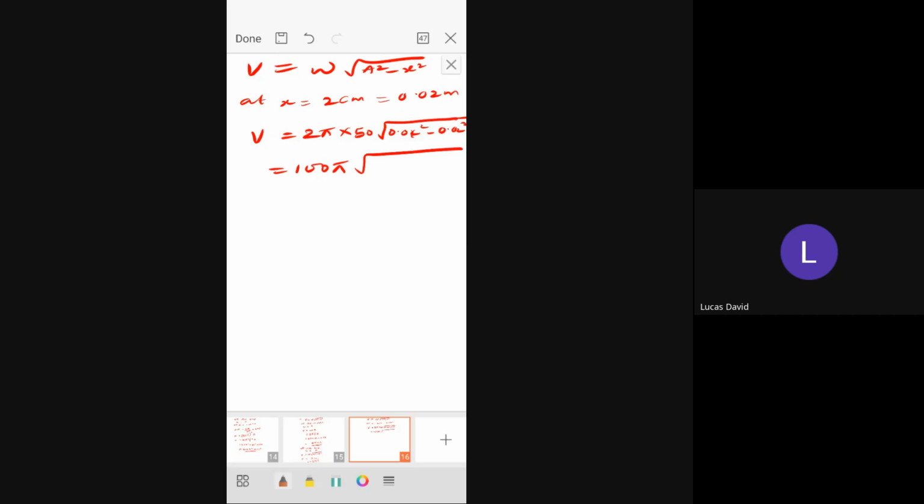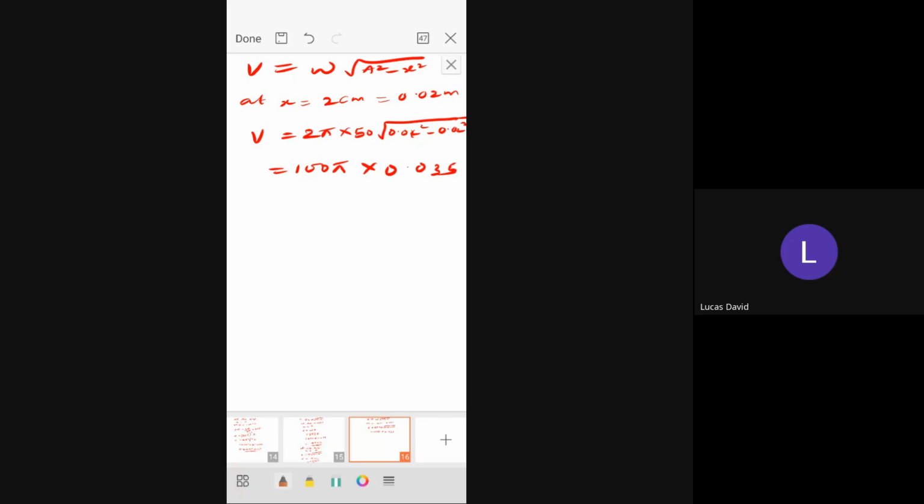Then, of course, let me press it once in the calculator. So what is the square root of 0.04 square minus 0.02 square? If I press that once in the calculator, that will give me 0.035. So this is 100 pi multiplying 0.035.